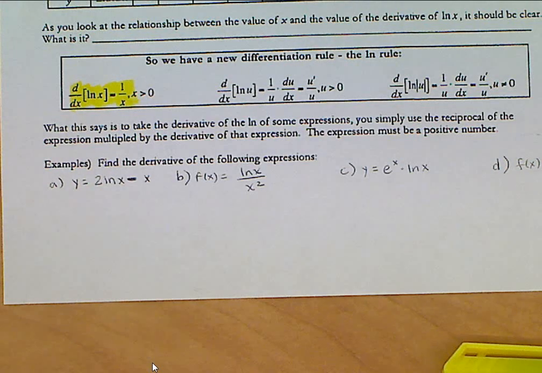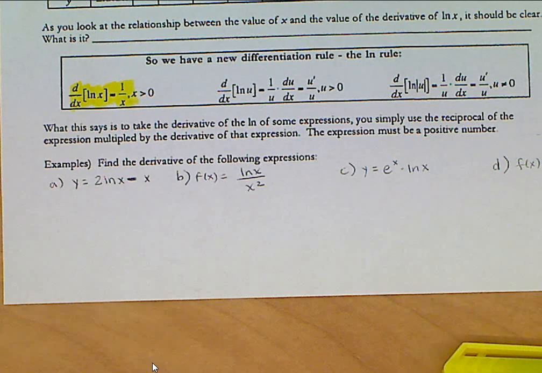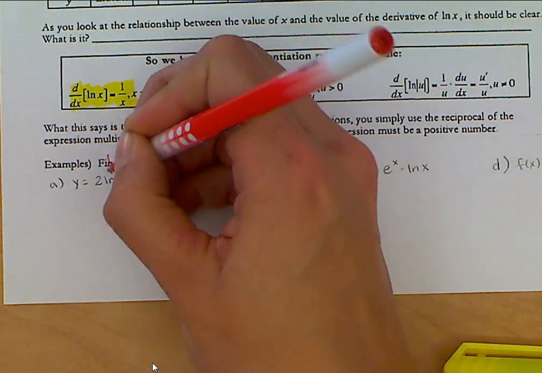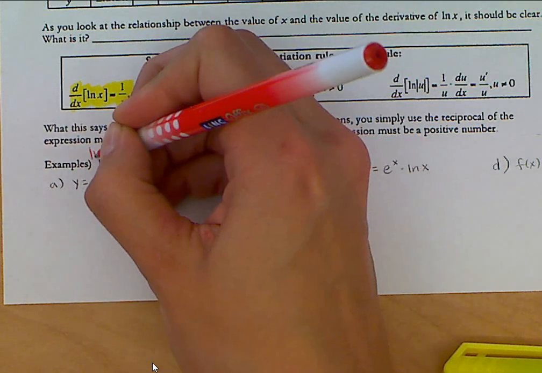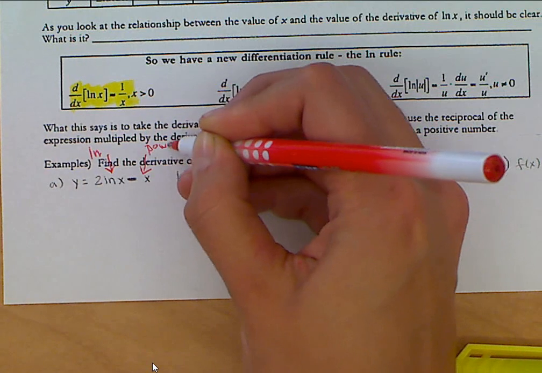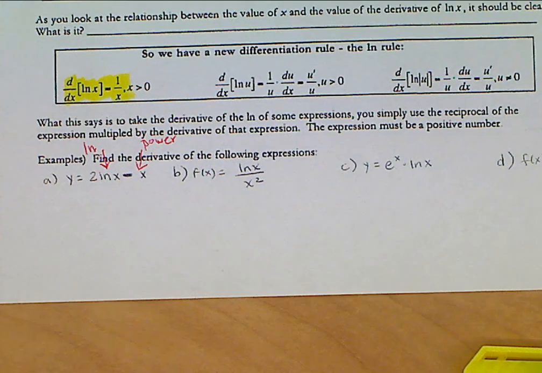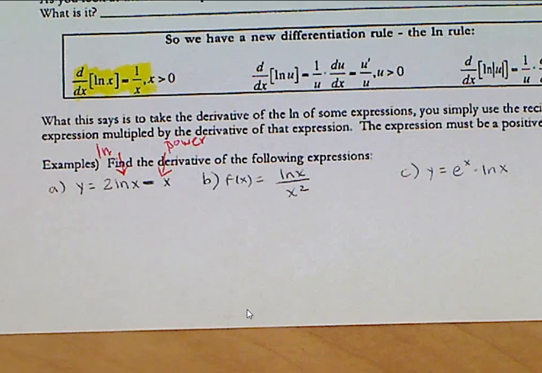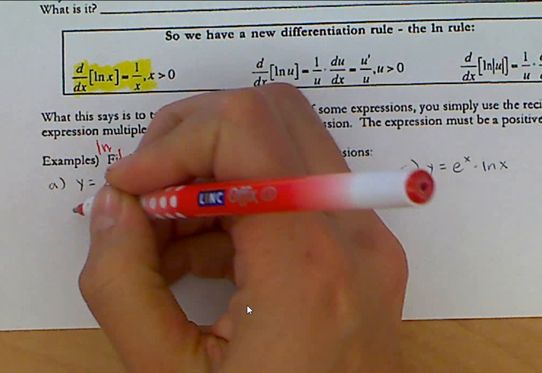So for this one, I have my sum and difference. For each of these, we can consider them as two different functions. For the first part, I'm just using my ln rule, and then this one is just a super basic power rule. So we do them separately.